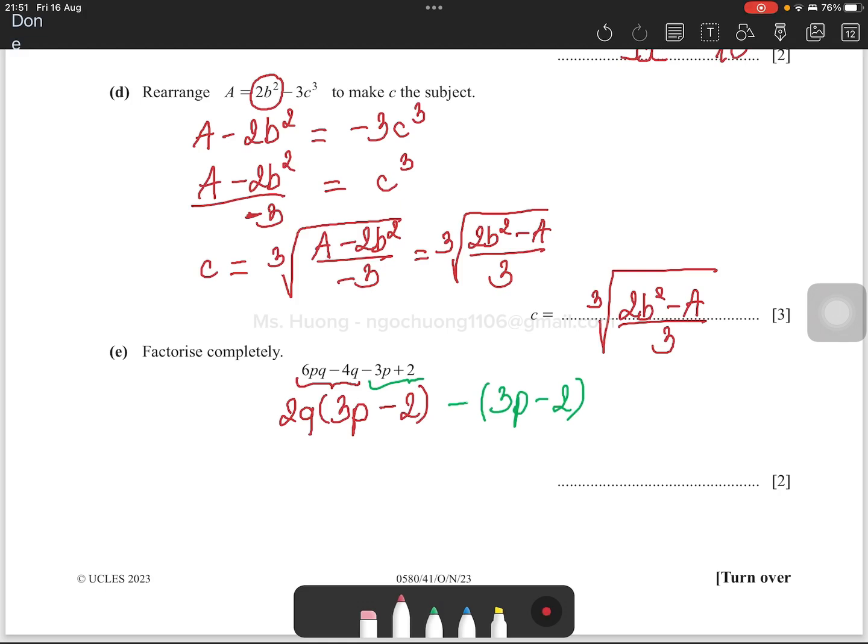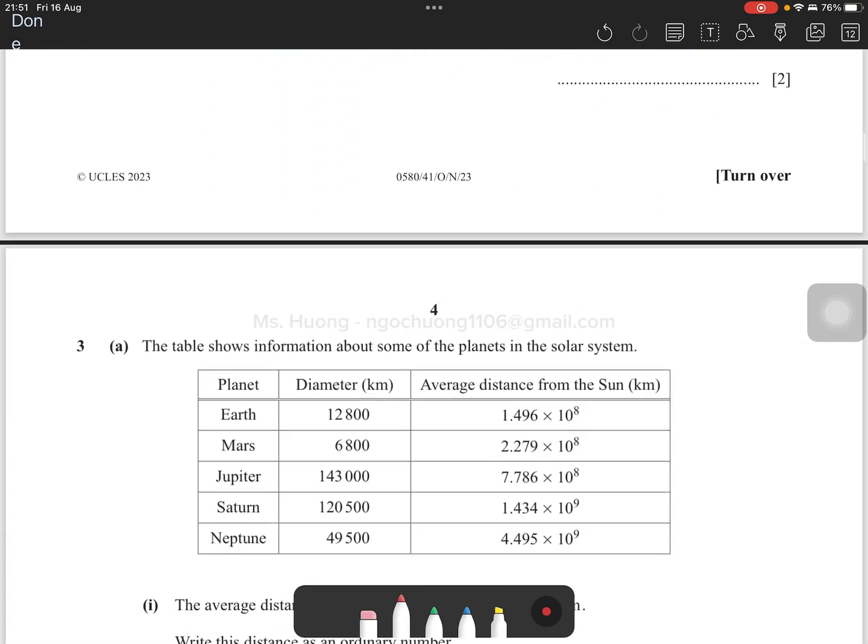Now the new common factor is 3p minus 2 and 2q minus 1 is left. So that's how we factorize it: 3p minus 2 multiplied by 2q minus 1.